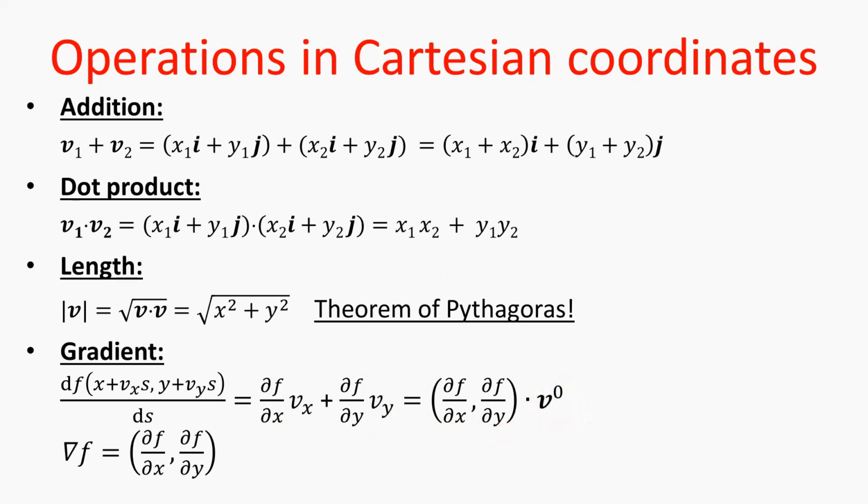We have to find that direction in which this directional derivative is maximal. The directional derivative is a dot product. We know that the dot product is equal to the absolute value of the first vector, which is independent of the direction, multiplied by the absolute value of the second vector. The second vector is a unit vector, so this absolute value is 1, and 1 is obviously independent of the direction.